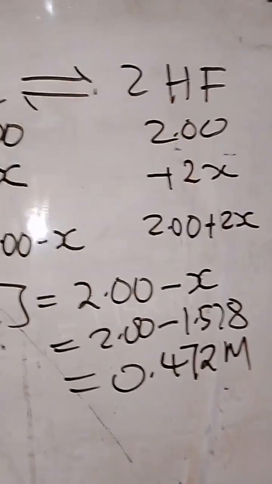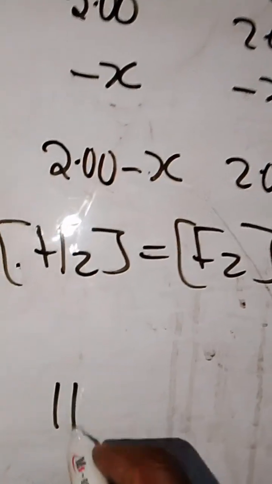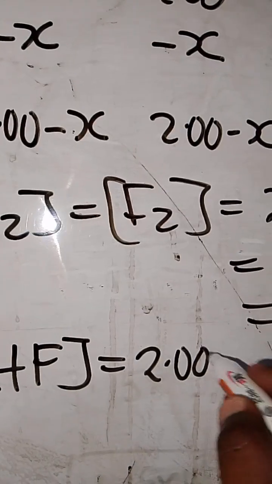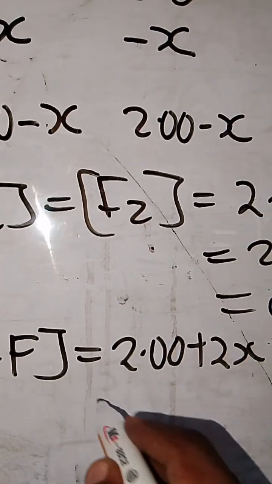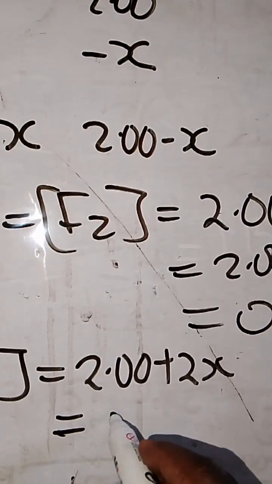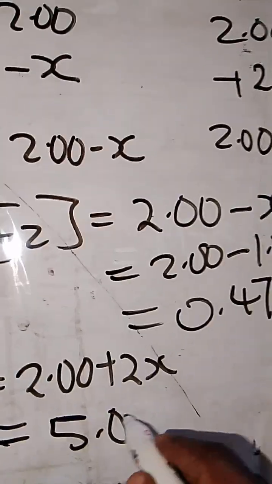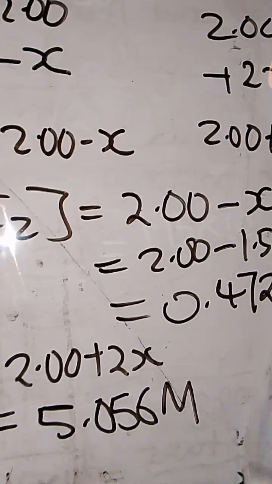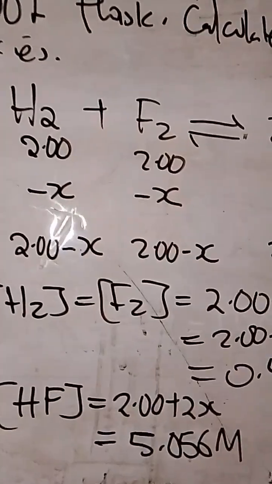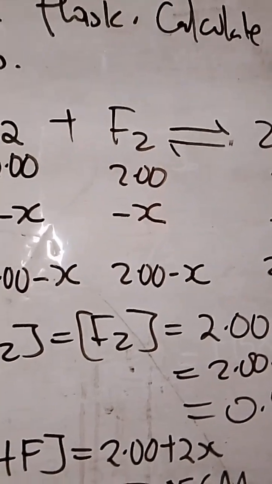Then the concentration of hydrogen fluoride is equal to 2.00 plus 2x. Substitute the value of x there, multiply and do the arithmetic, so you find 5.056 molar. Okay, so that is how we can solve this problem.